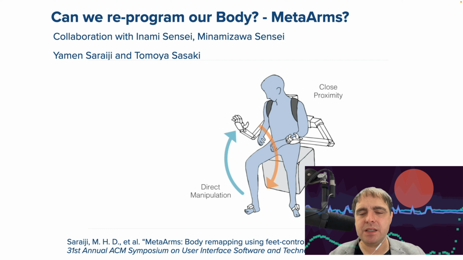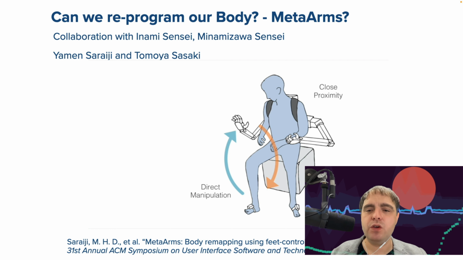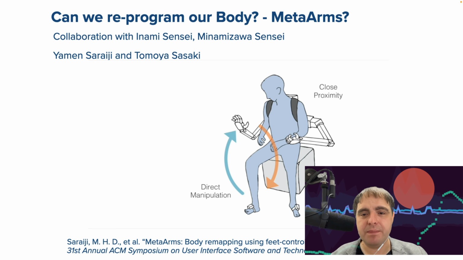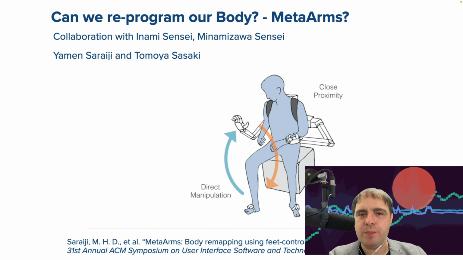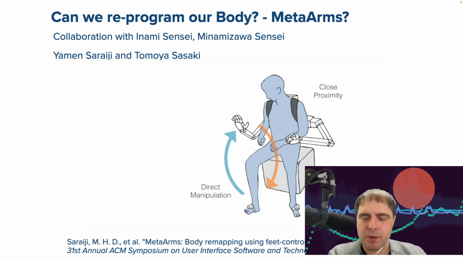So if you're moving your left leg, the left arm is moving. And if you're moving your right leg, the right arm is moving. And if you're moving your toes, you can even grip something with these arms.